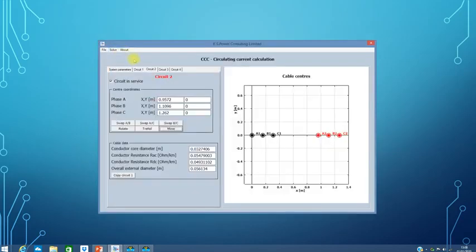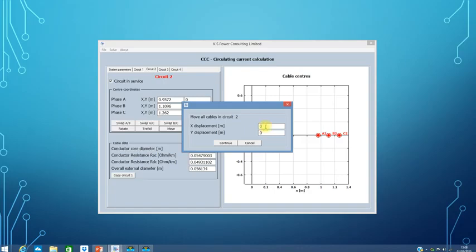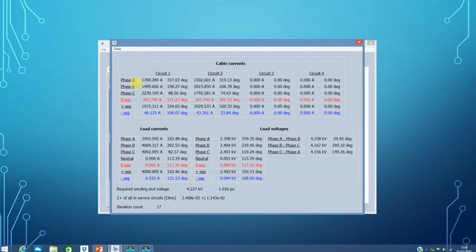Now, I'm just going to put these conductors back to their original positions. And make sure that's right. So we're getting back to 260 amps, 67 amps, zero sequence current.